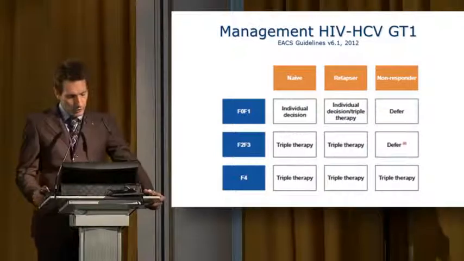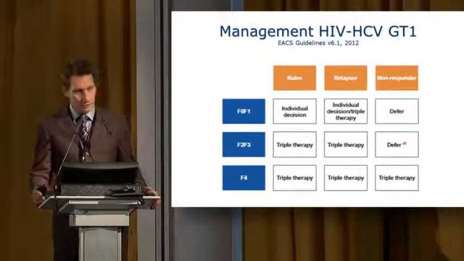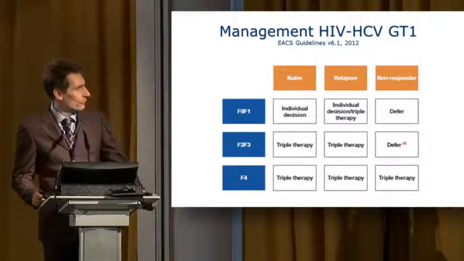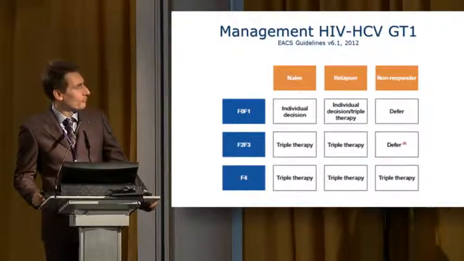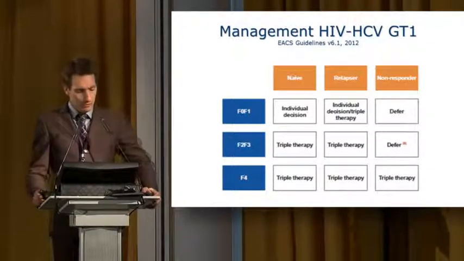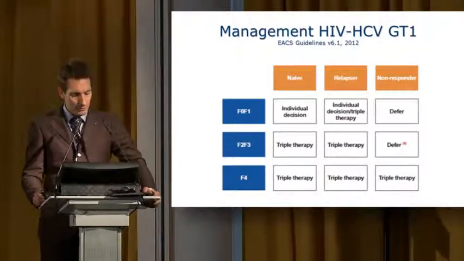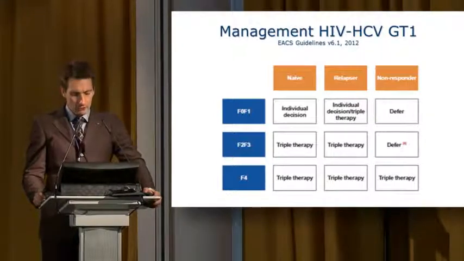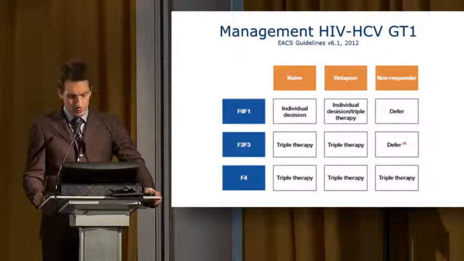Now, another way of looking at this is a diagram where you can see not only the fibrosis stage, but also the prior treatment status. In F0, F1 naive, you take an individual decision. Usually you will defer. In relapsers, you will usually defer, and in non-responders, you definitely will defer.